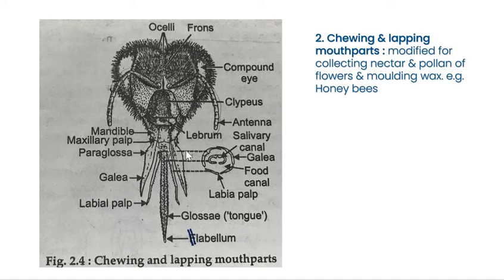Why? Because the honeybee is not particularly feeding on extremely solid food material, so there is no need for serrated margins on the mandibles. The workers use these mandibles in building the honeycomb.